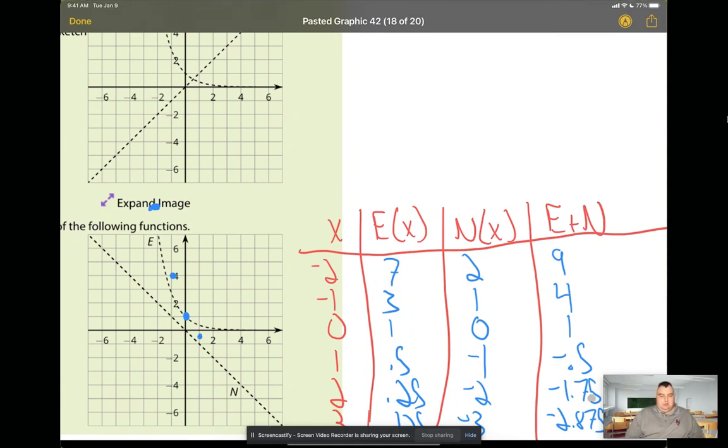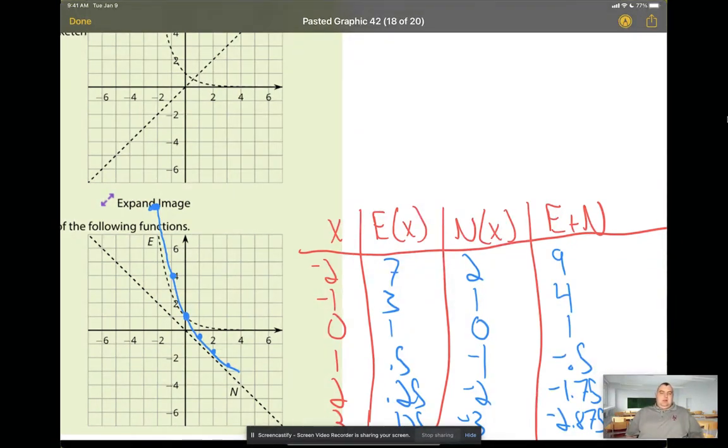At 2, I'm at negative 1.75, which will be right there approximately. And at 3, I'm at negative 2.875, which will be right there. So that graph is going to look something like that. It's going to be a curve again.